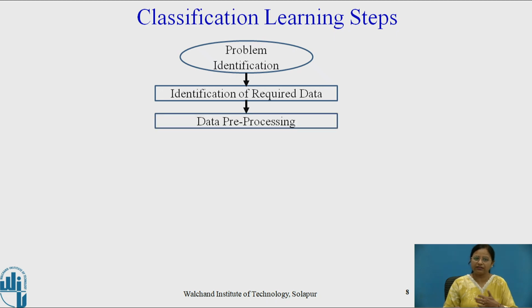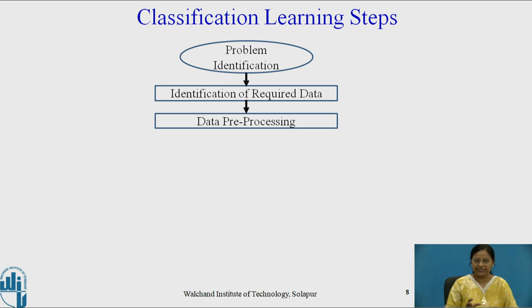Then once you gather the data, the next step is data pre-processing, which is a very important step. In data pre-processing, data cleaning or data transformation is done. As you collected data from raw sources, some irrelevant information or noisy data may be there in the data set. So it is required to remove the noisy data, remove irrelevant data, and handle missing data if present.